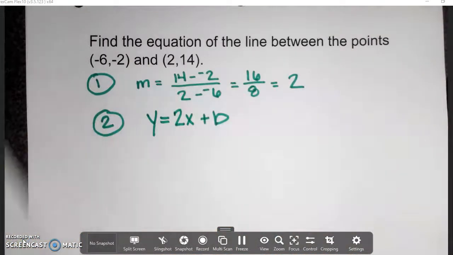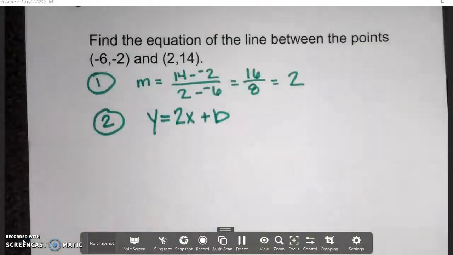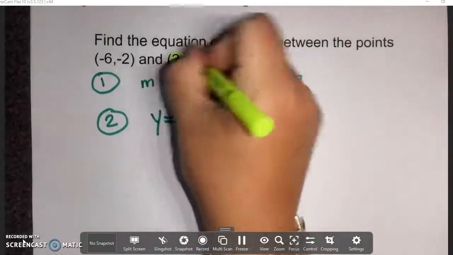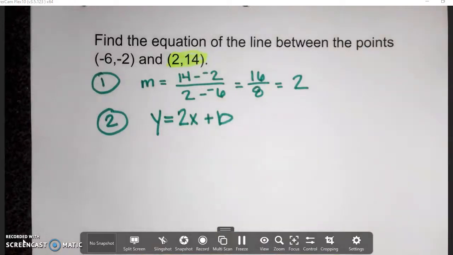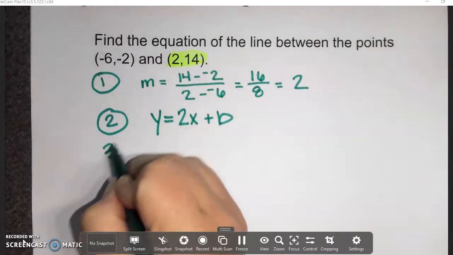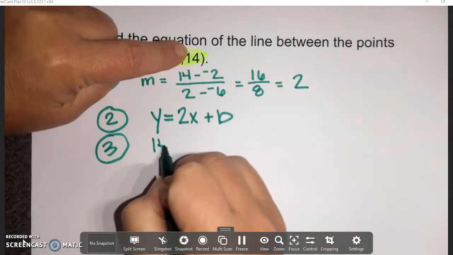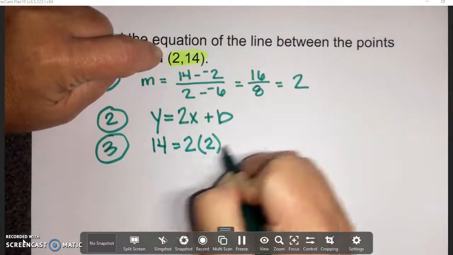Okay? Step 3, take one of the ordered pairs. It doesn't matter which one. I'm going to use the positive ones, the positive numbers. That's the ones I'm going to use. Okay? So step 3 is to put the x and the y in. So my y is 14 when my x is 2.